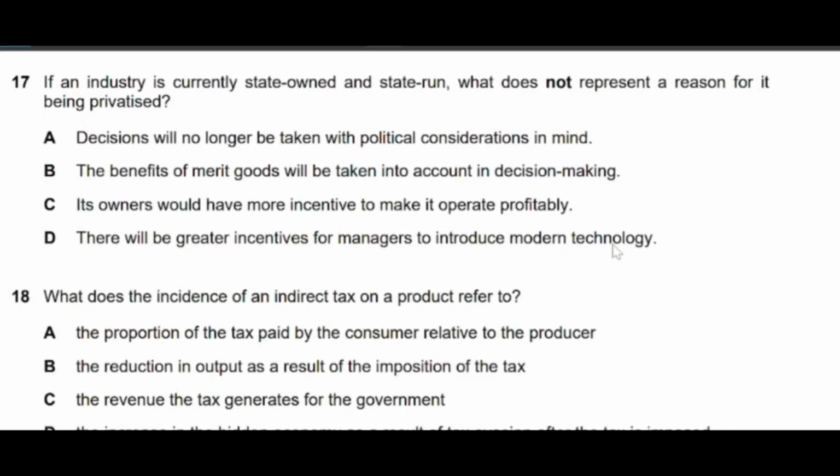Question number 17, if an industry is currently state owned and state run, what does not represent a reason for it being privatized? So B is the correct answer. The benefits of merit goods will be taken into consideration in decision making. So private industries basically don't consider the benefits of merit goods, right? So this is not basically the reason here.